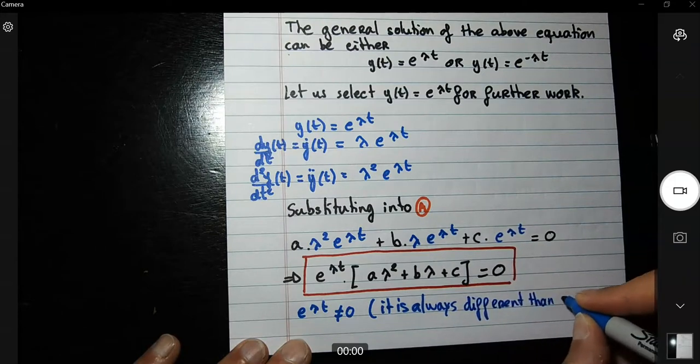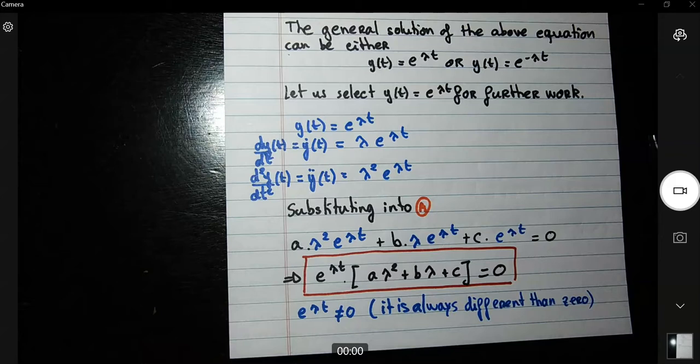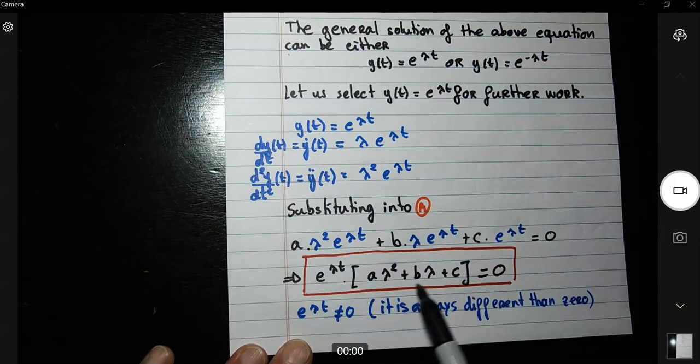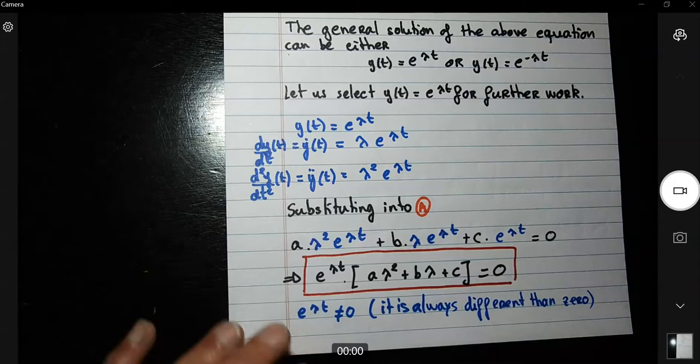If you plot the exponential function, it's never equal to 0. Okay? So then the only case possible for this to be equal to 0 is that the term within the brackets is equal to 0.